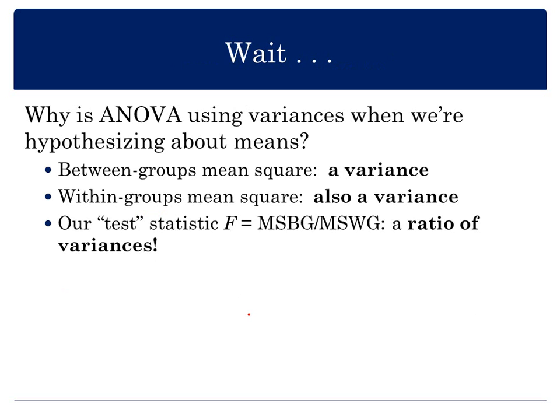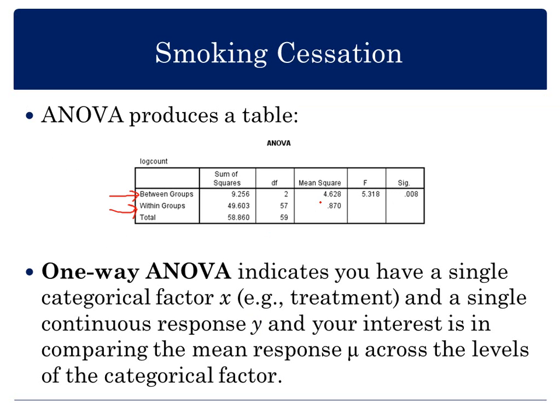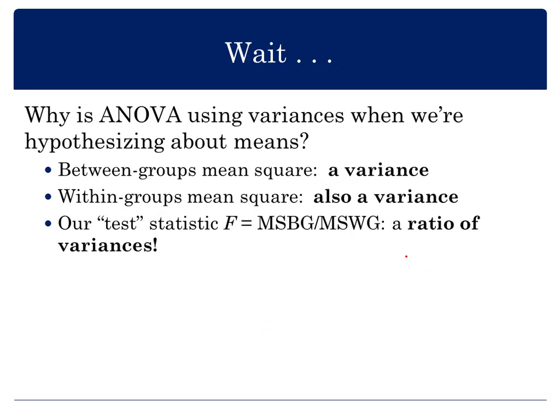So why, when we're hypothesizing about means, are we using variances? A mean square is another name for a variance. So we have this between groups or treatment variance.